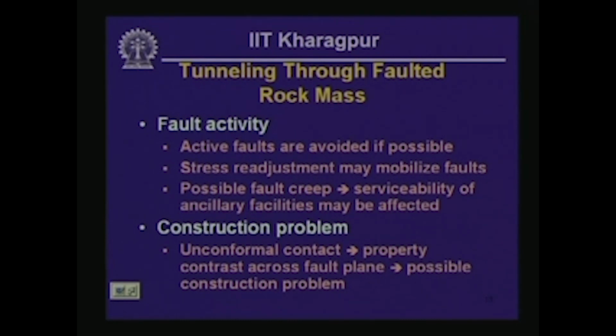The second aspect related to fault activity is that the stress readjustment because of the tunnel opening itself may mobilize faults, and that is indeed the case in very deep underground mining operations. It has been seen in many hard rock mines which can go a few kilometers, say 2 to 3 kilometers below the earth's surface.